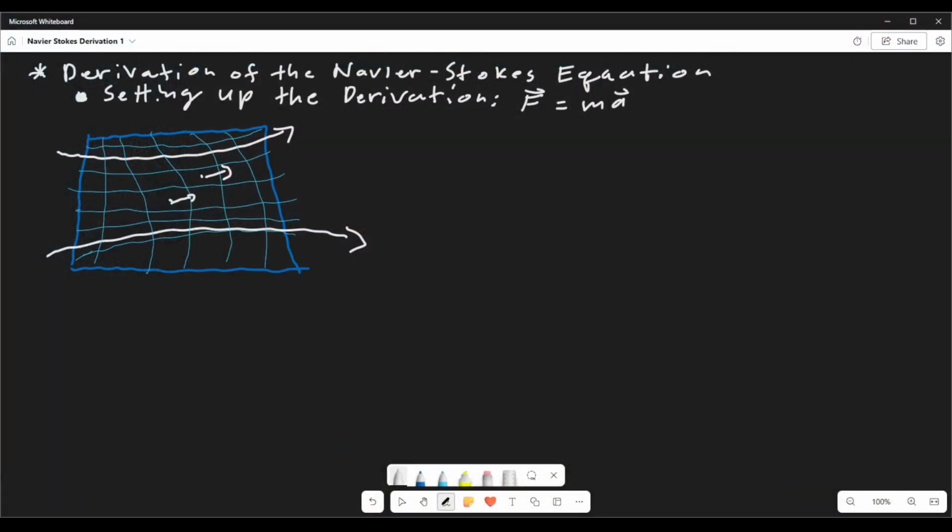So basically, go ahead and take one of these guys and call it K. When we take a little volume around it, some kind of fluid blob volume, let's say, I didn't draw that very well.